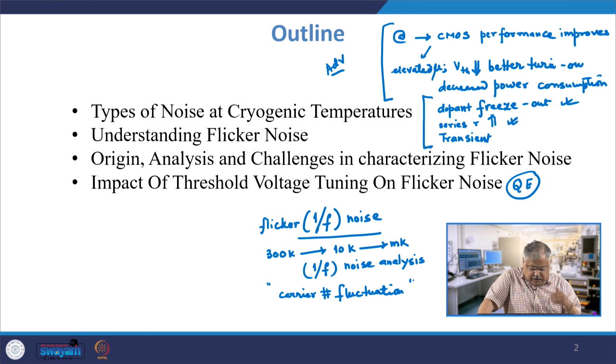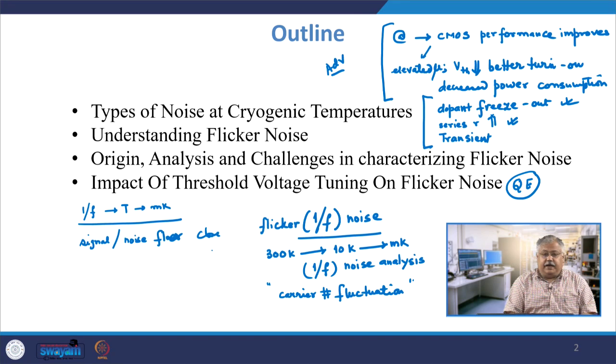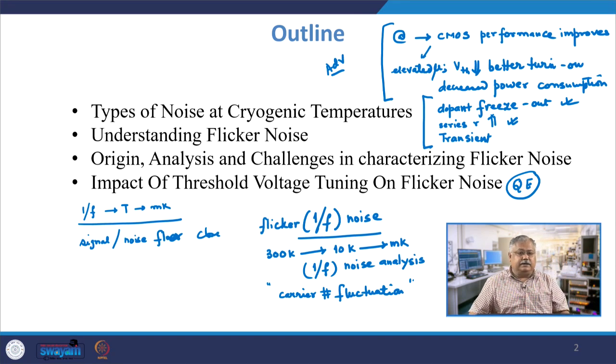There is a large body of research papers where researchers have tried to find the variation of 1 by f noise with respect to absolute temperature down to millikelvin. However, the problem is that the signal floor and the noise floor are very close to each other, and at millikelvin they are very close. So it is very difficult to distinguish between noise and signal, and therefore the filter technique applied is rather tedious.